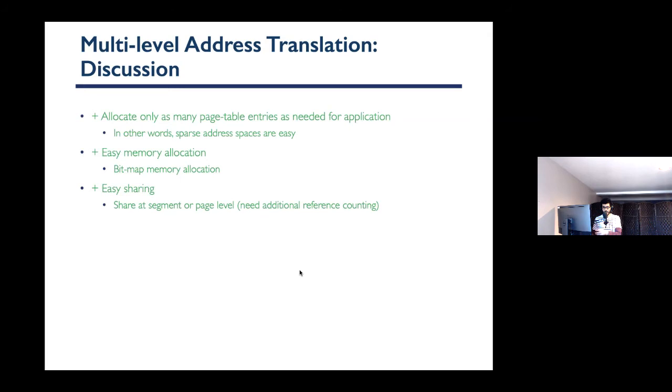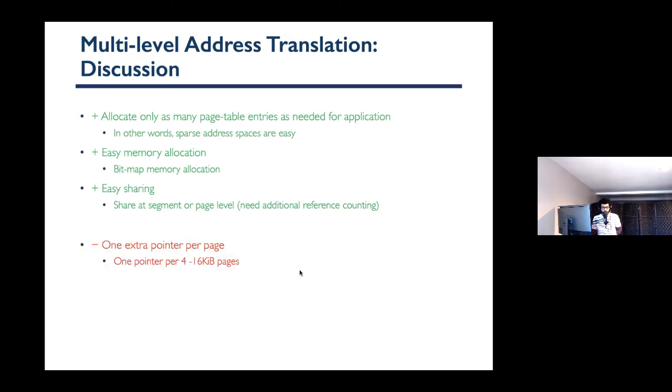We can share in super pages or segments, right? As we saw, at each level you can share. Sharing at the last level means that you're sharing pages. Sharing at the first level means that you're sharing the entire address space, and sharing in between means that you're sharing different sizes of memory.